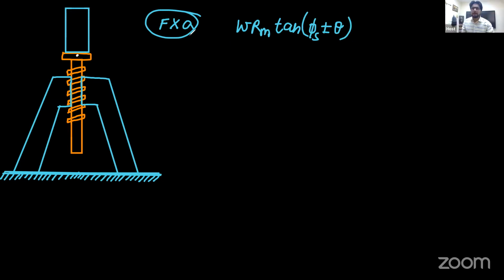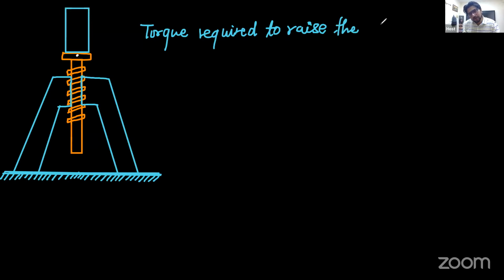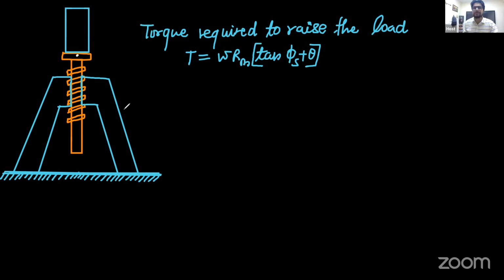F into A is doing the same thing that is actually required at mean radius. So what is the work you are doing? Torque required to raise the load is W into Rm tan(phi s plus theta), isn't it?